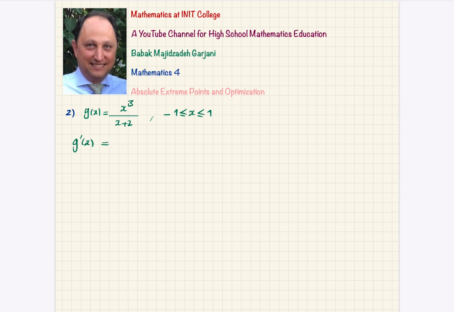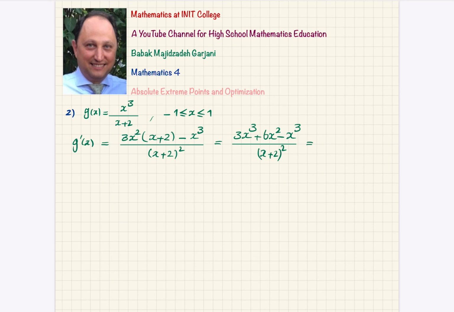So it becomes the derivative of the numerator, which is 3x squared, and I multiply it by the denominator itself, and minus the numerator multiplied by the derivative of the denominator, which is 1. I don't need to write it then, and then divided by the denominator squared. So then what happens? This becomes 3x to the 3 plus 6x squared minus x to the 3 and divided by x plus 2 to the 2.